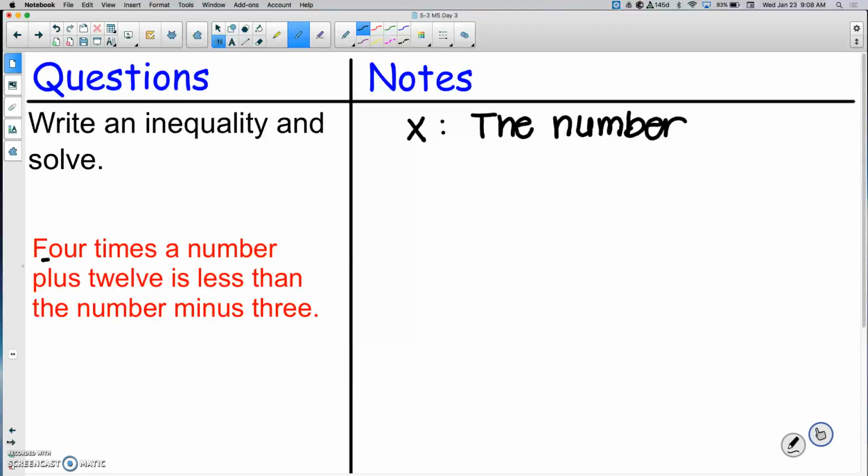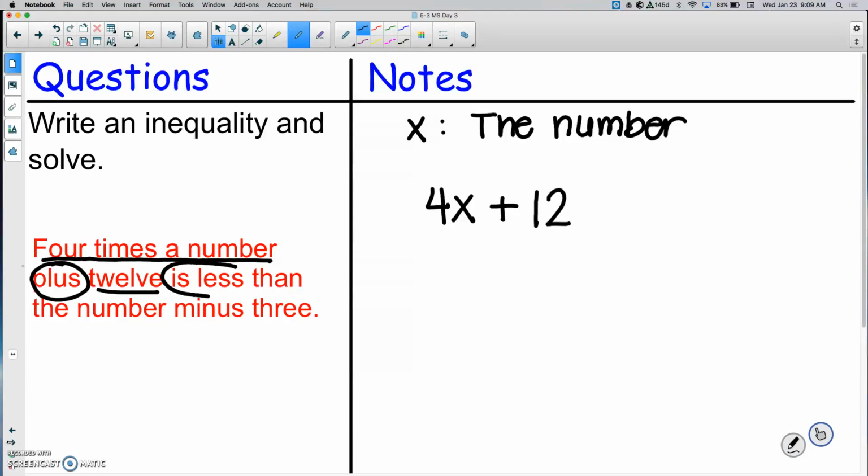If I start at the beginning and just go in order on this problem, it works. 4 times a number. 4 times a number would be 4x. Then it says plus, so that's a math operation, plus 12. So 4 times a number plus 12.